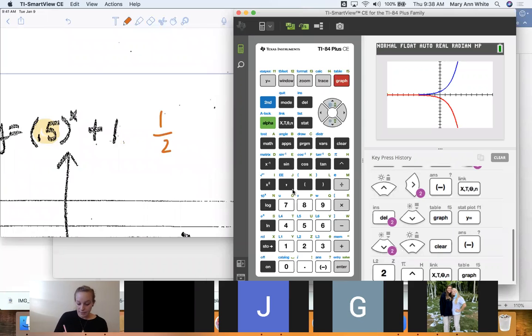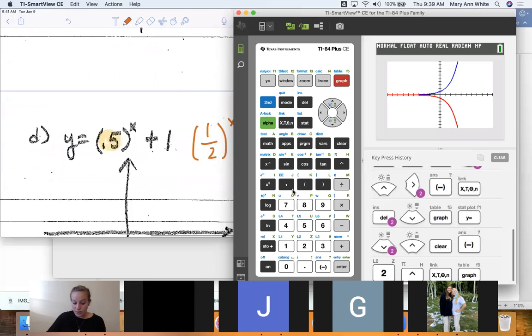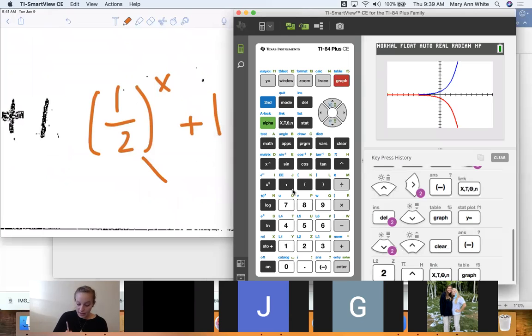So this is the same thing as writing 1/2 raised to the x plus 1. A minute ago, I reminded you that a negative exponent was like flipping it into a fraction like 1/2. So this does the same thing as the negative exponent, which made us flip over the y-axis.